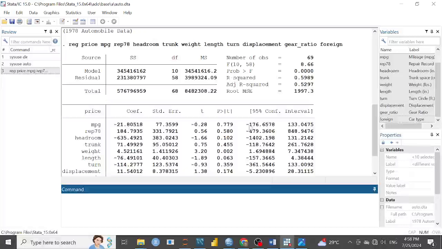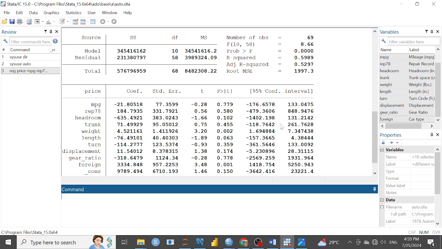Then what about the goodness of fit? You can look at R square, 0.5989. Taking the adjusted R square, which is most preferred, that's 52.97, which means 52.97 percent of the variability in the car prices is explained by the model. That is it, and it suggests a moderate fit, at least it's above 0.5.